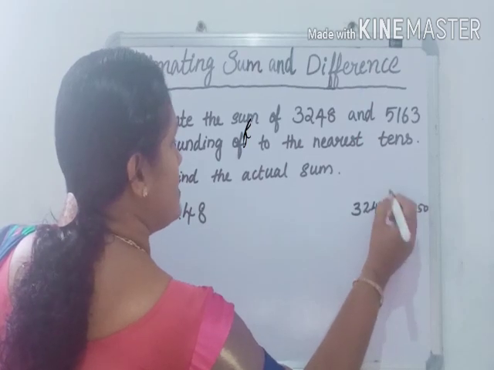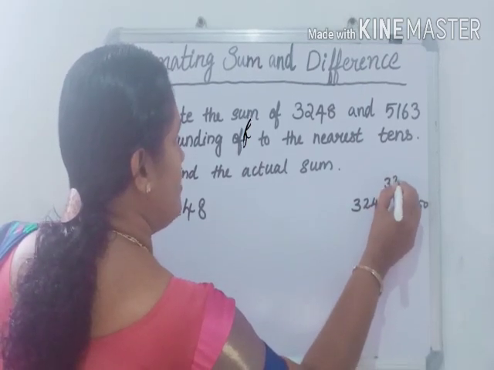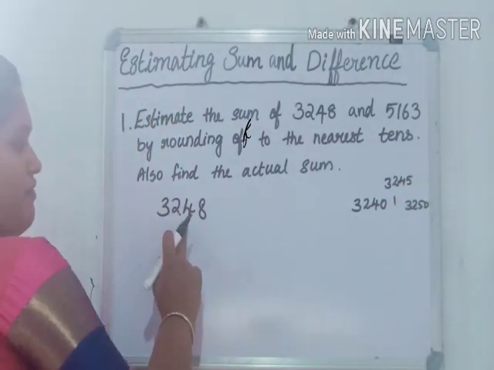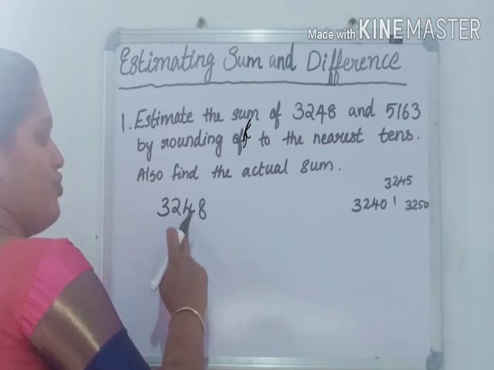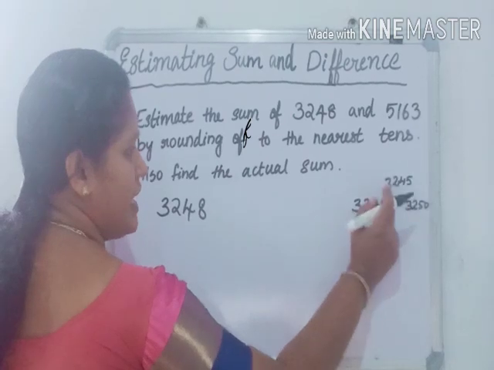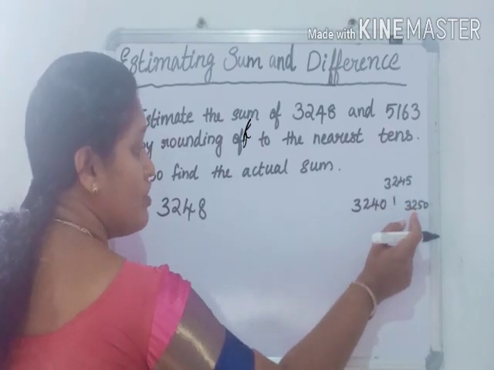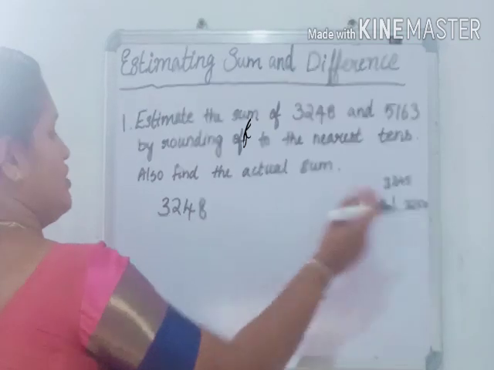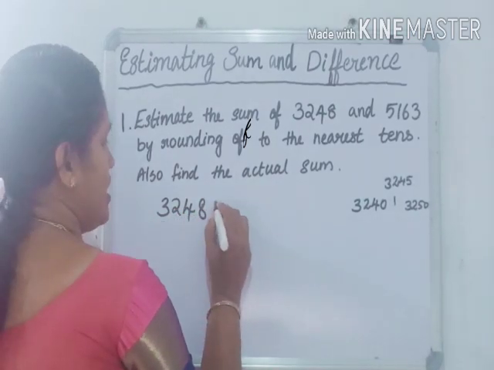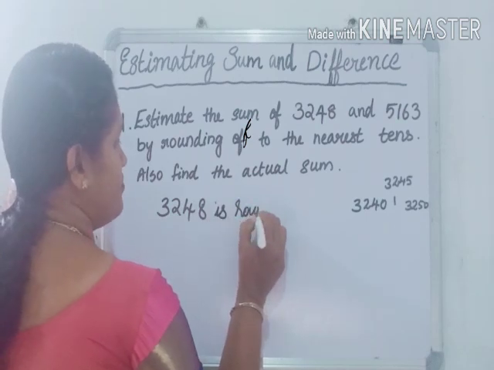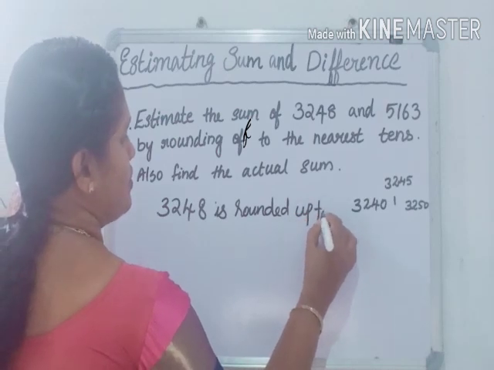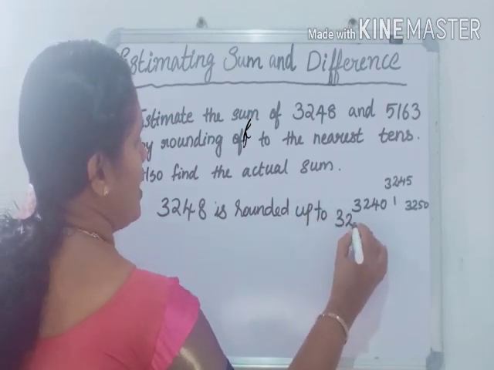The middle number is 3245. Where is the position of 48? 3248 is after the middle number. It is nearer to 3250. So 3248 is rounded up to 3250.